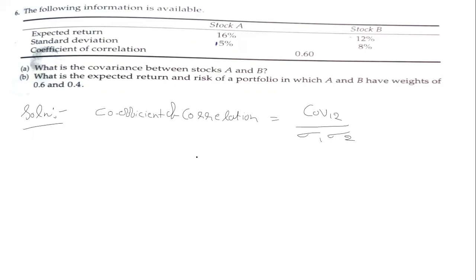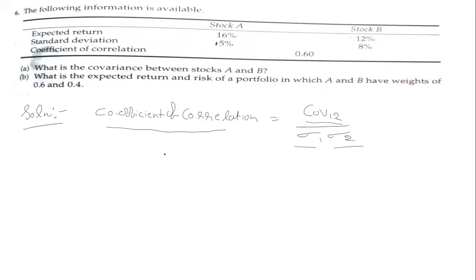If you put in this formula, we can easily calculate. We have to calculate covariance 1,2. We know the coefficient of correlation and we know the standard deviations. So simply, just put it here.